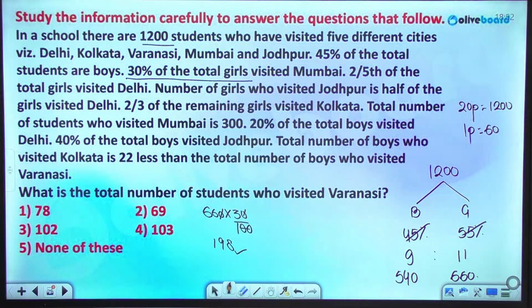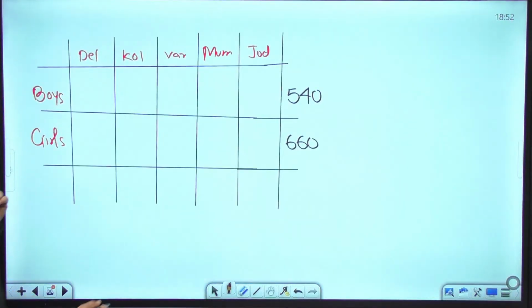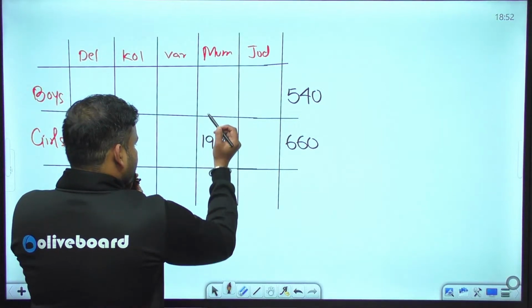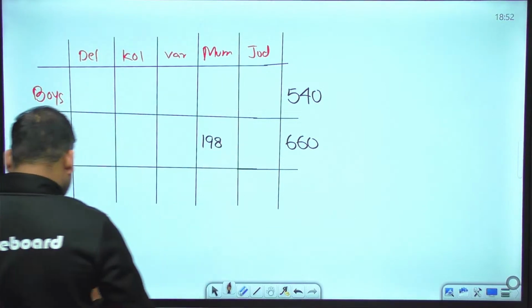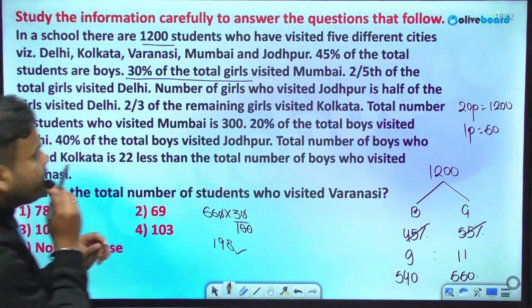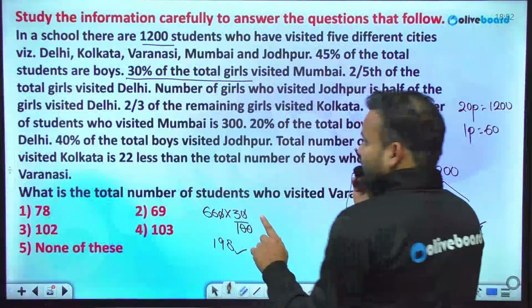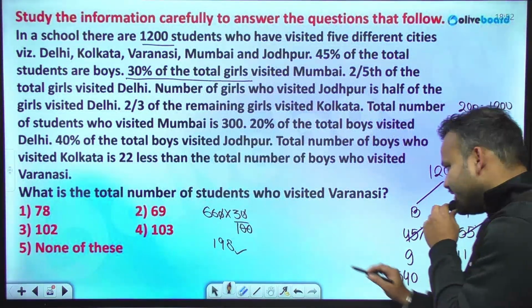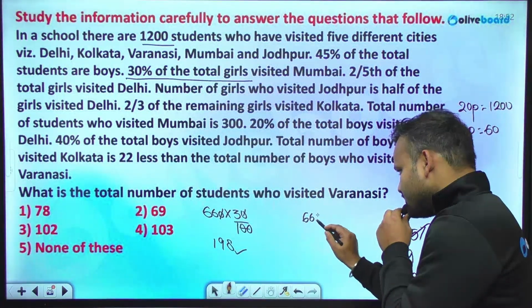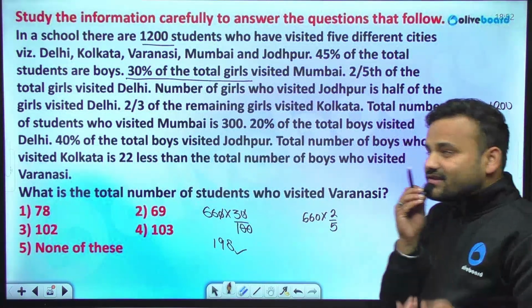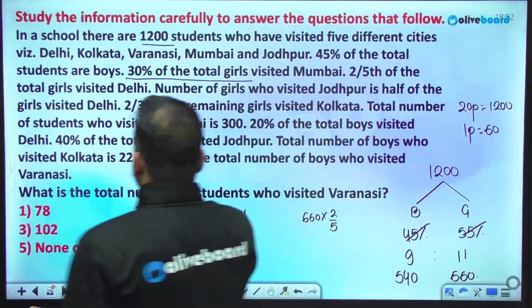Clear? So we will be writing this into our diagram. 198 girls visited Mumbai. Then comes what? 2/5 of the total girls visited Delhi. 2/5 means 40%. How many girls were there? That is 660. Out of which, 2/5 of the girls visited Delhi.